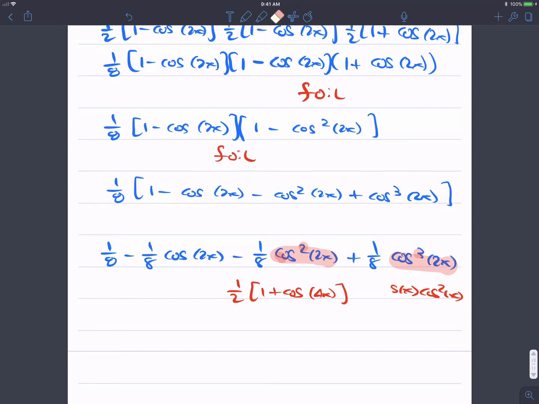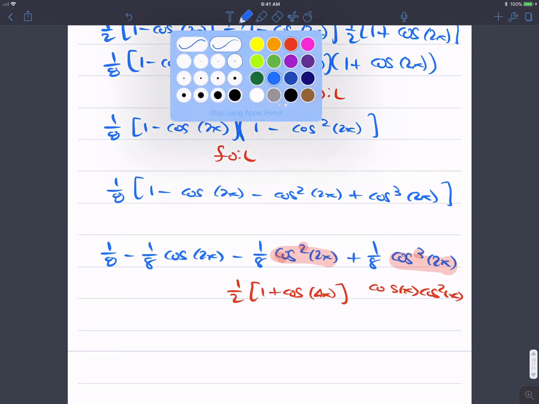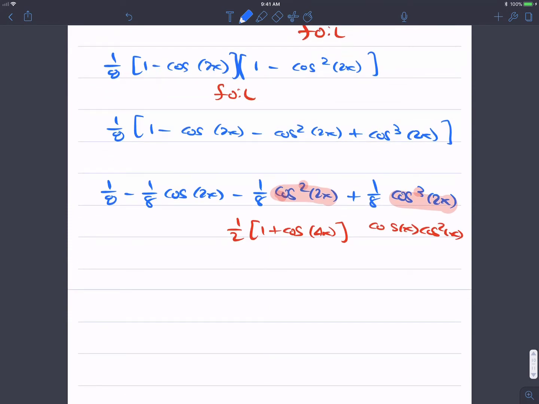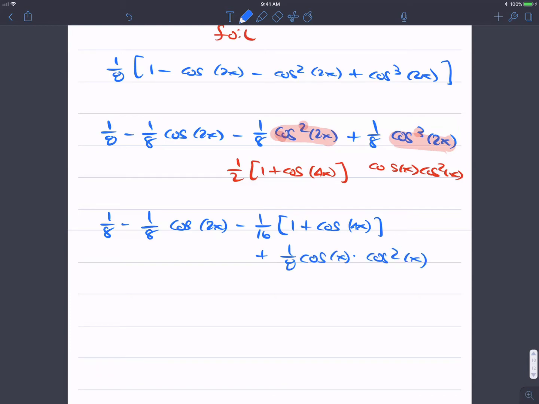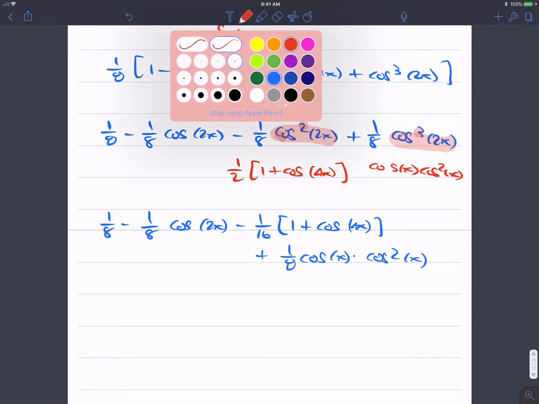Okay, and it gets hard to write this down really small. So I'm going to do some more algebra here. I'm going to talk less, work more. Half angle identity.